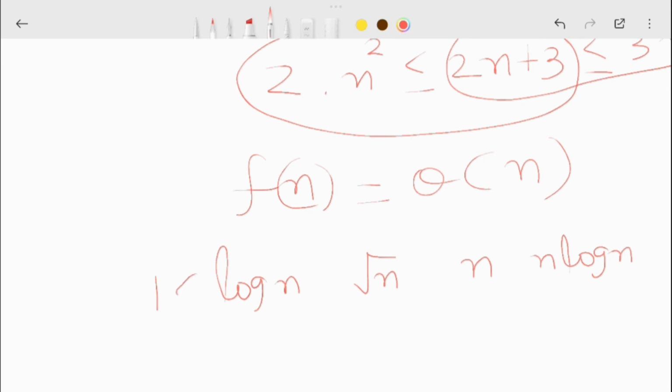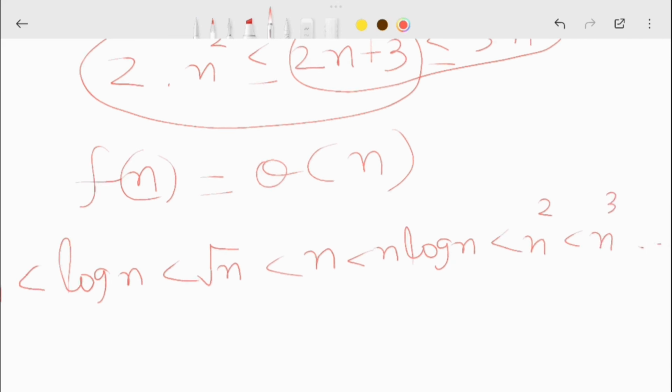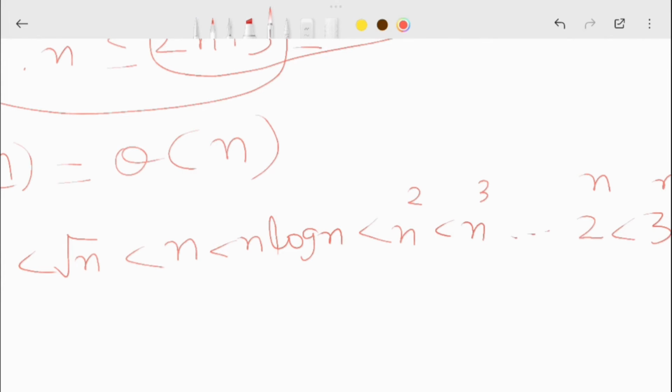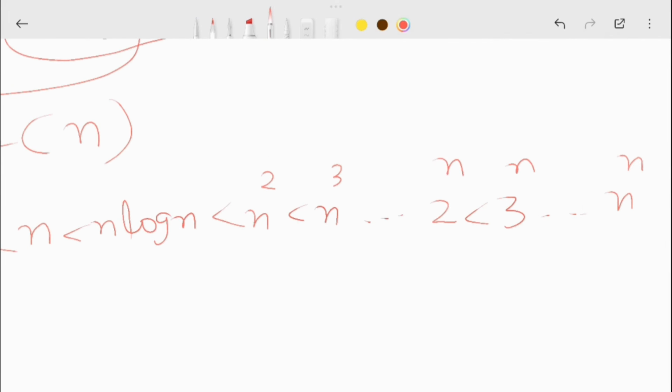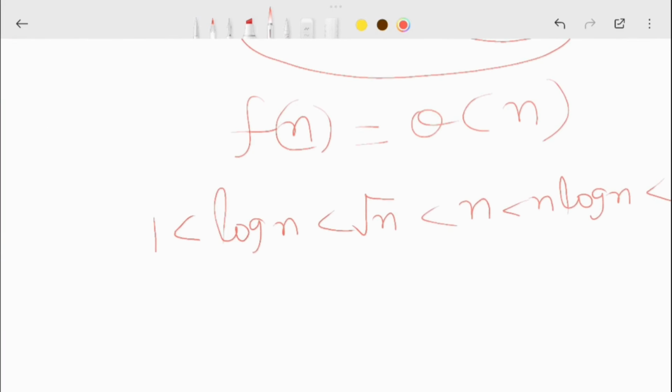So this is the upper bound of an algorithm. For example, in our input we find an upper bound for this function f of n.